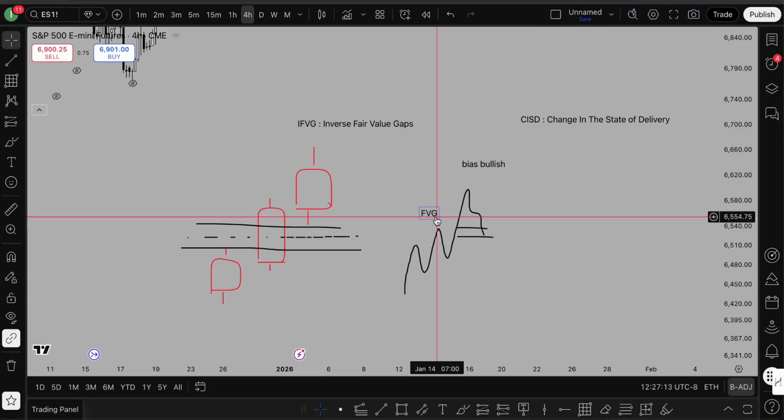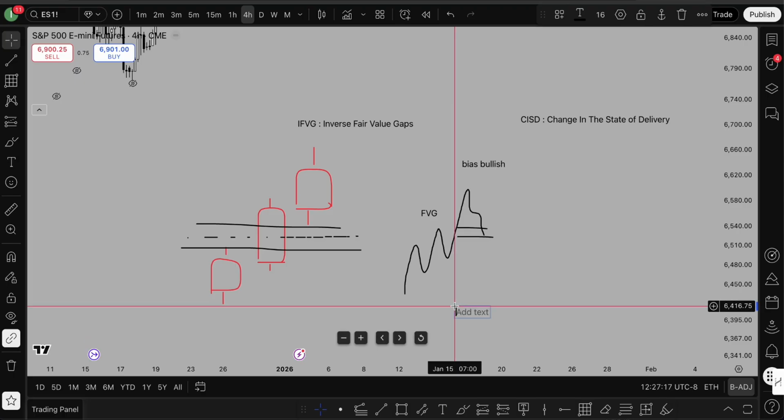Okay, so this right here, another terminology thing you should know is leg and manipulation leg.